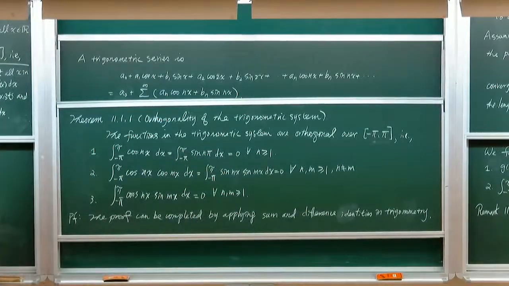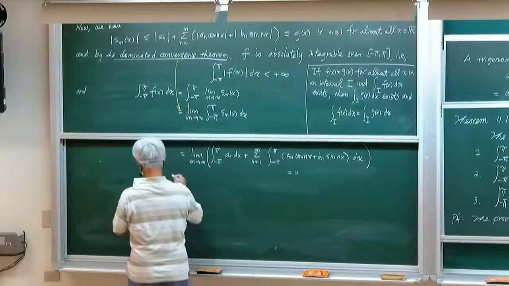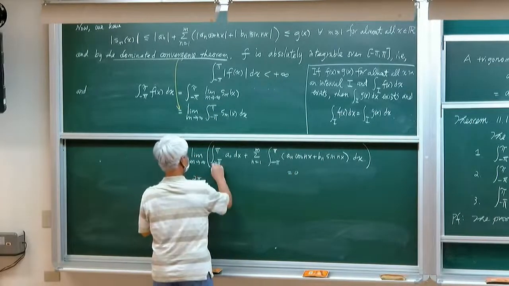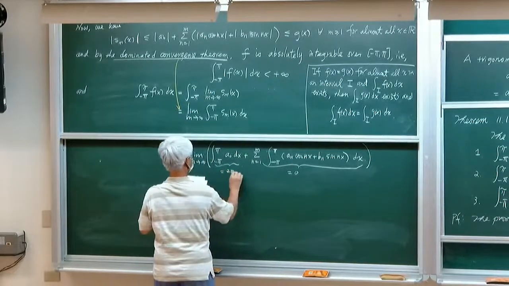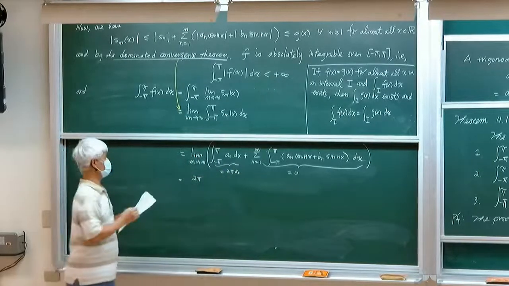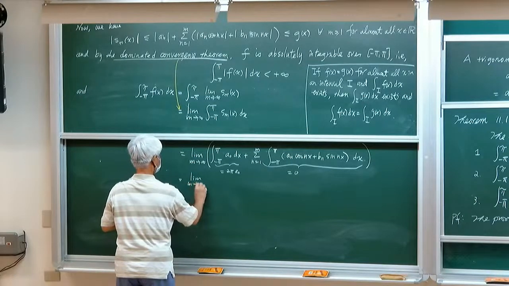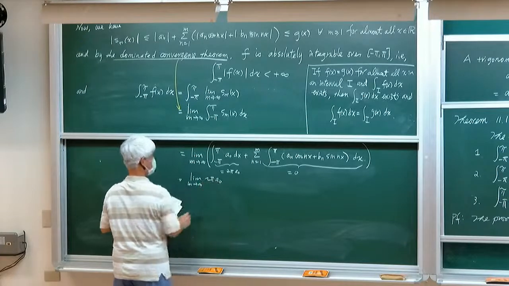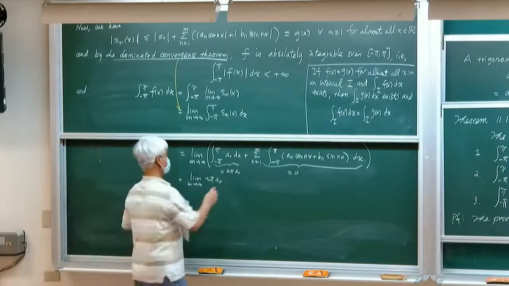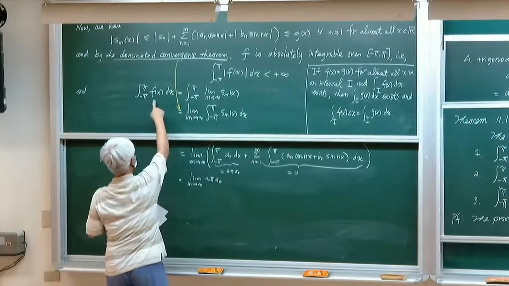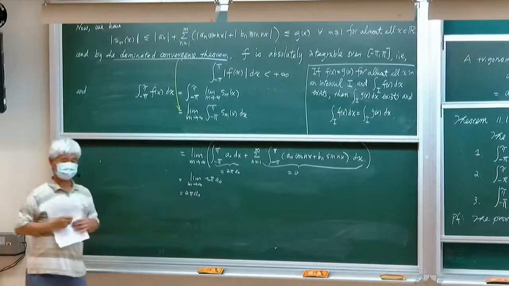So this integral is 0, and so we have 2 pi A0. So we have the limit as m goes to infinity of 2 pi A0, and this is a constant independent of m. So the integral of this function, we know the value, which is just 2 pi A0.